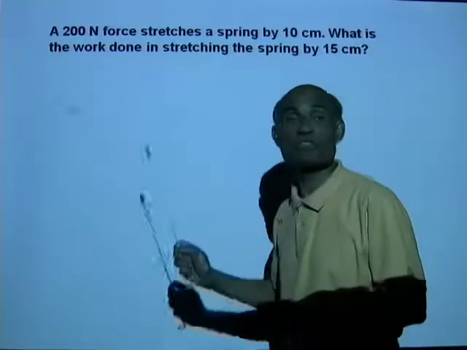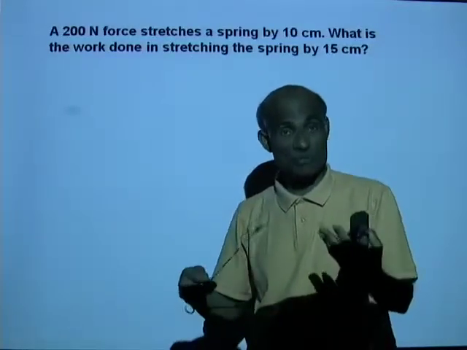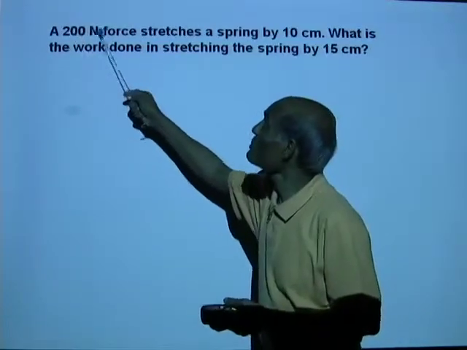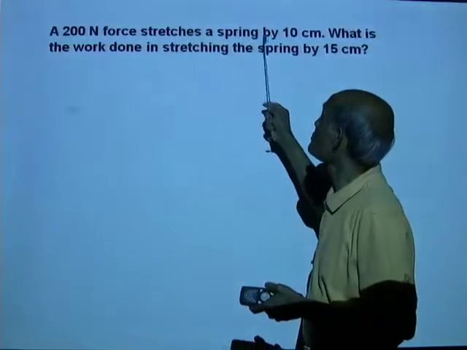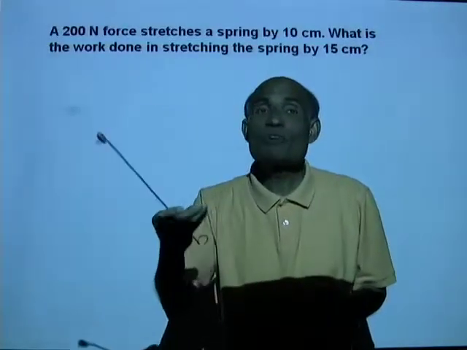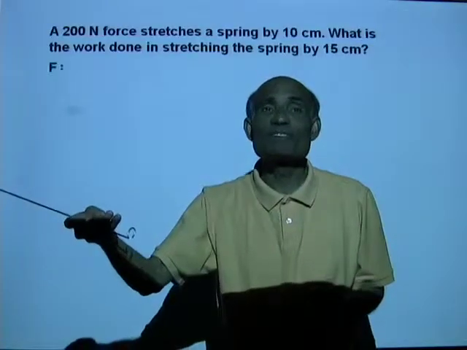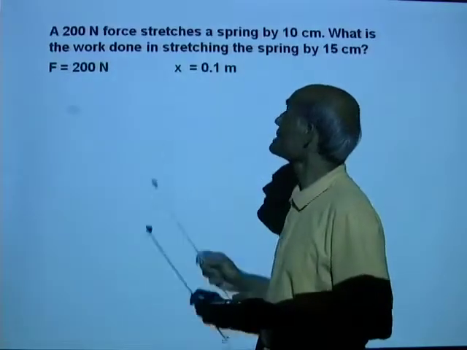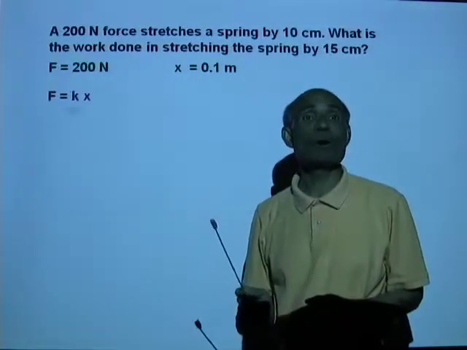Is there sufficient information in the problem that let you do that? Yes, look at this. A 200 Newton force stretches the spring by 10 centimeter. F equal to kx. Is that right? Now our F is 200 Newton, x is 10 centimeter, 0.1 meter.